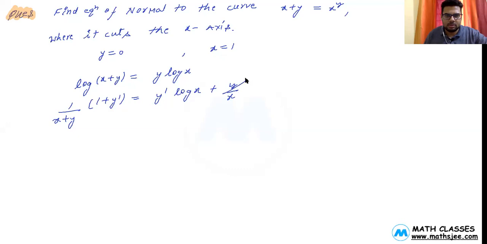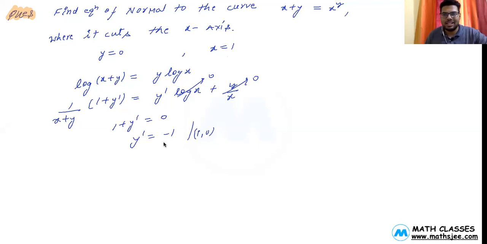Log 1 is 0, so you get 1 plus y dash equals 0. So y dash equals minus 1 at the point (1, 0). This is the derivative.